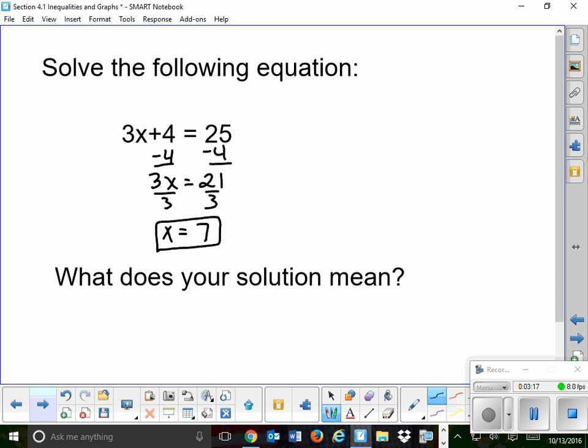What does this solution mean? It means 7 is the only number that when I put it into the equation, 3 times 7 and then add 4, I'll get 25. It is the only number that will make it true.